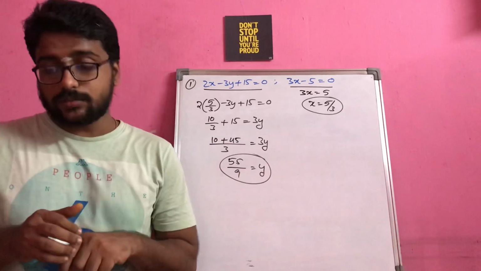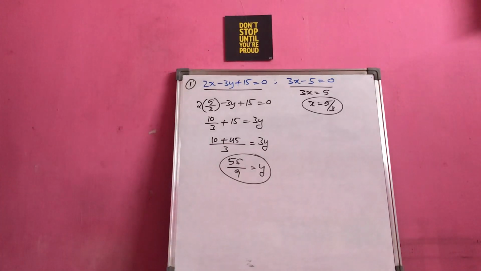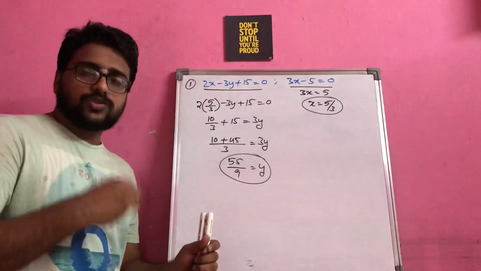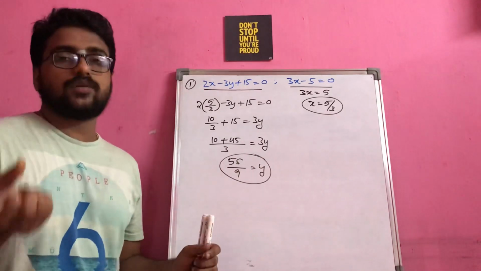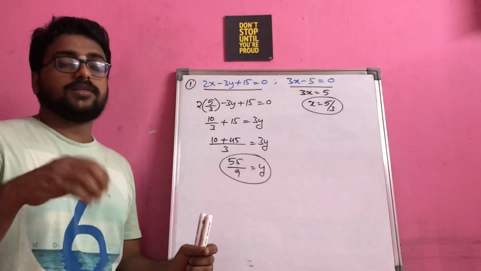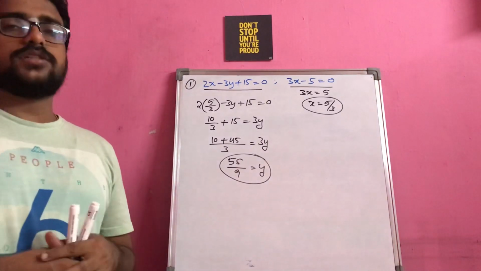But my suggestion is, in a substitution based method, make use of the simpler equation between the two to get the value of x or y, depending on the question, and substitute in the other. That will be the easy method, because later on we may see more complicated questions.